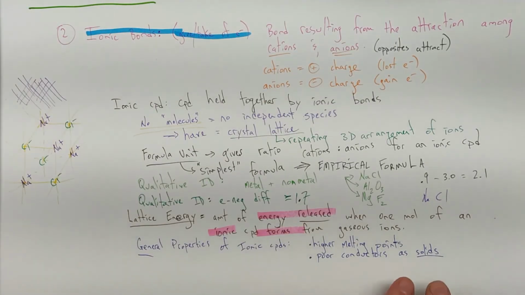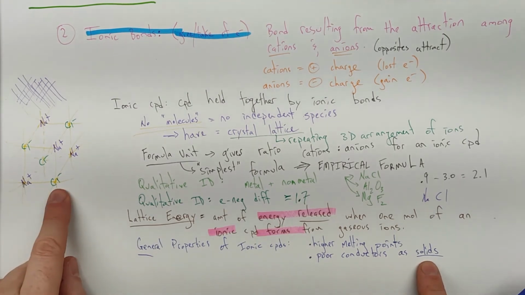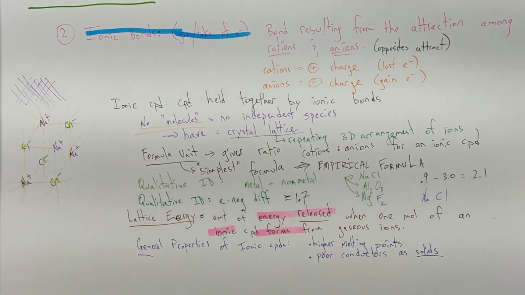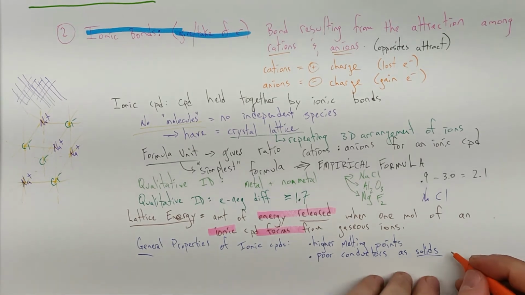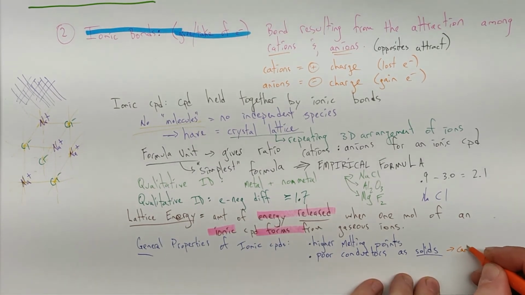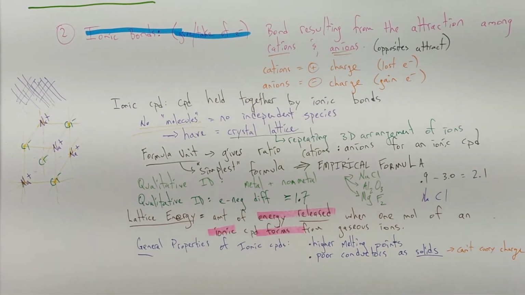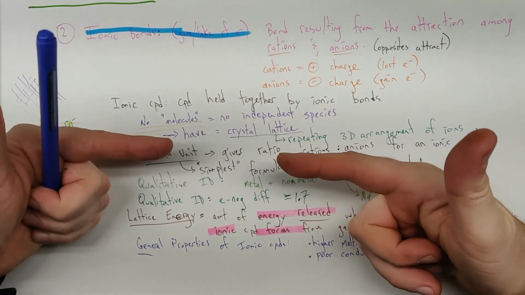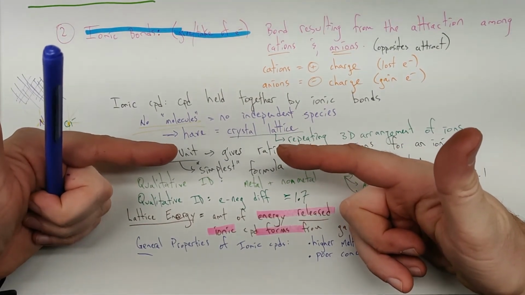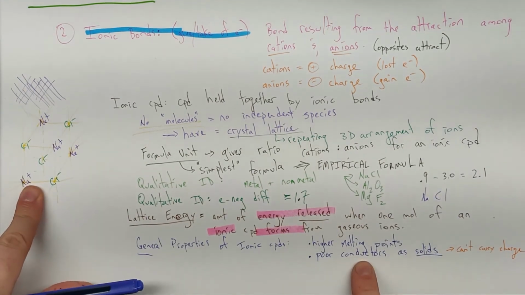Well, when you have a solid ionic compound, all those ions are locked in place. So it is another situation where it can't carry charge. Let me make sure that made it all on the screen. Yep. All right, it can't carry a charge. So if you were to hook up 2 electrodes to a chunk of salt, it wouldn't conduct electricity because all those ions are locked in place in there.